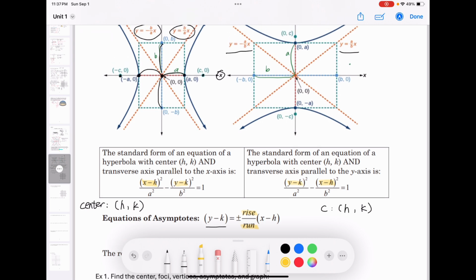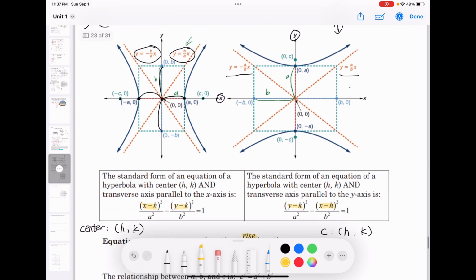So for the first formula, the transverse axis is parallel to the x-axis. The slope we have learned: if I find the slope of a linear line, we can find a starting point. One point we say is the center.